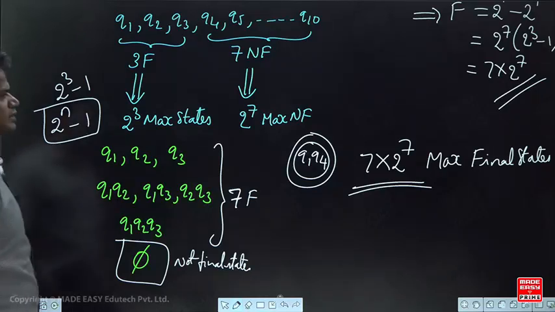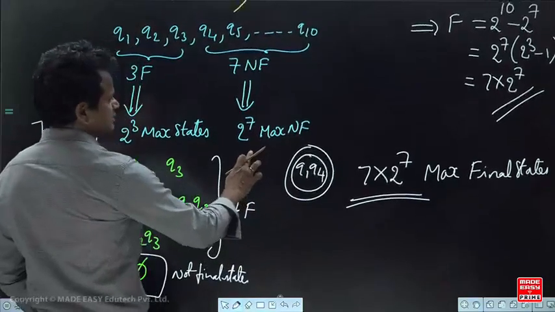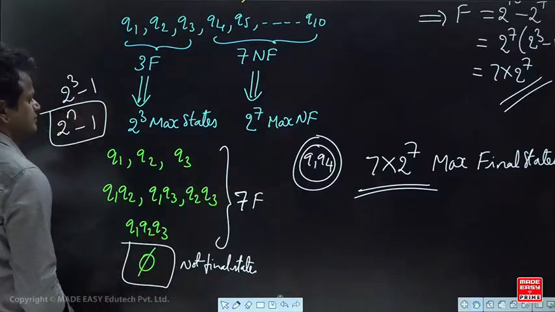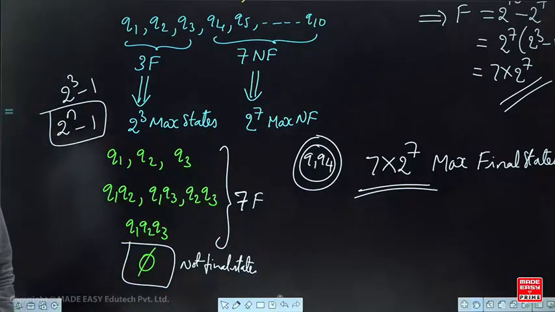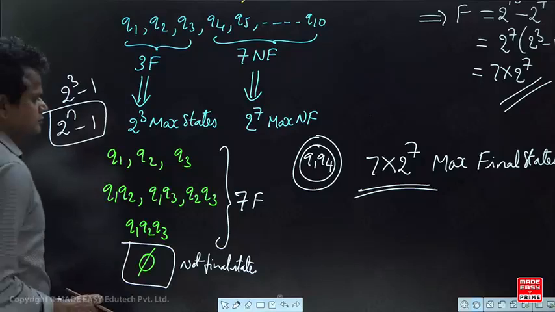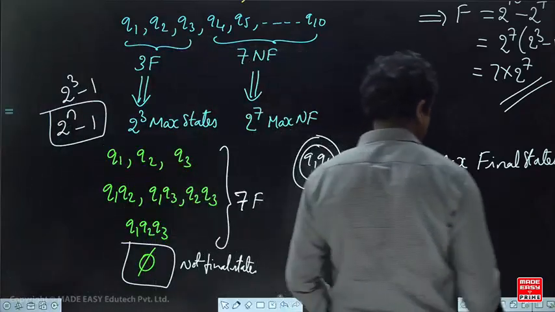Okay, so I have explained in two ways. So 7 into 2 power 7. We go to the next one.